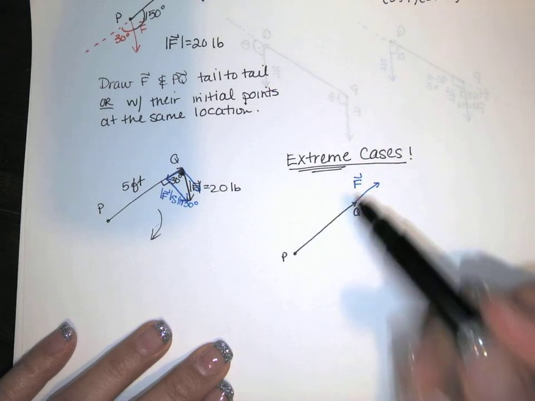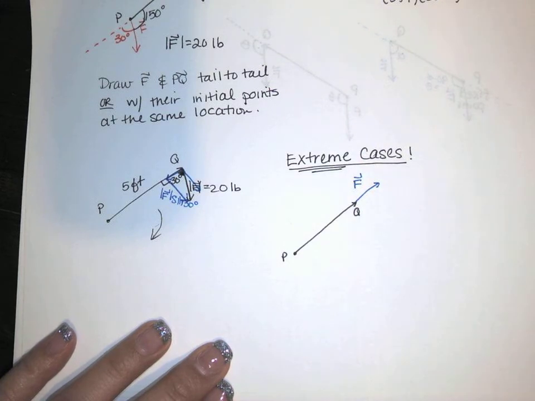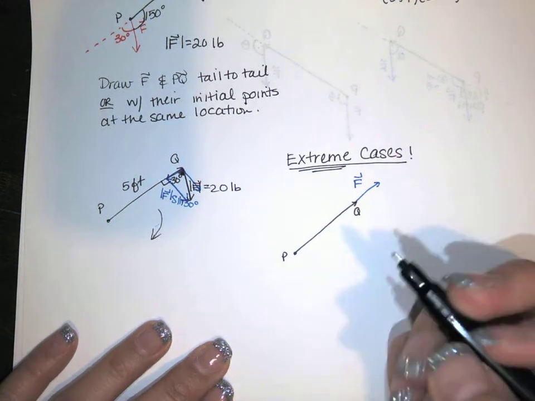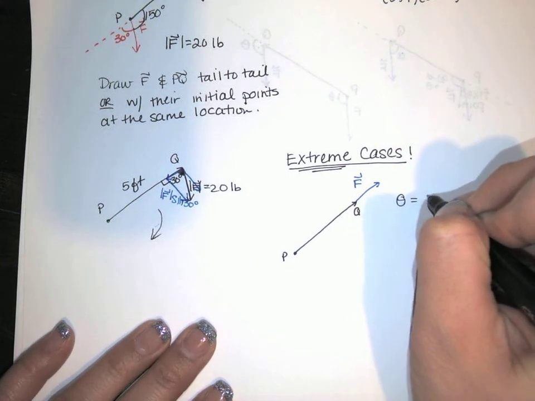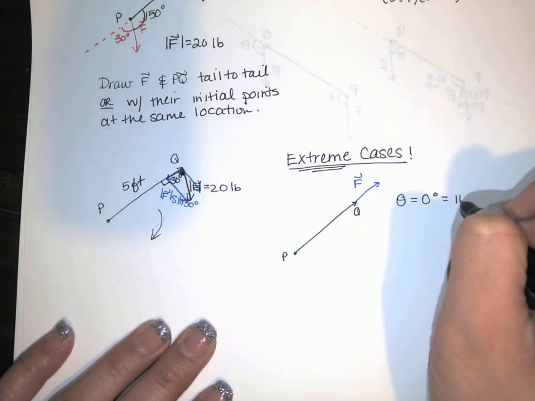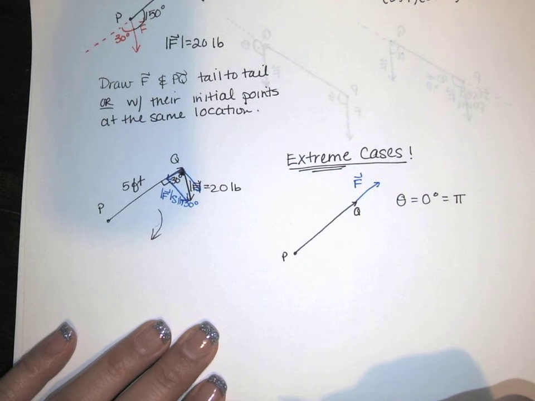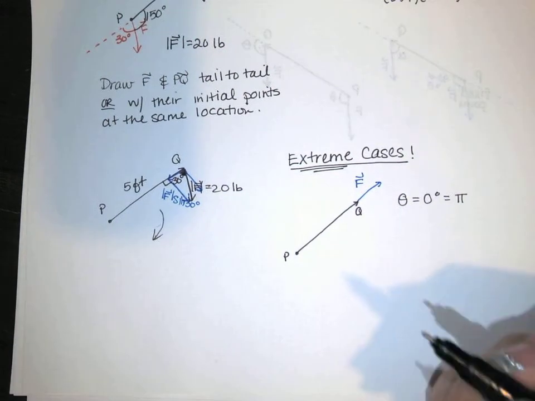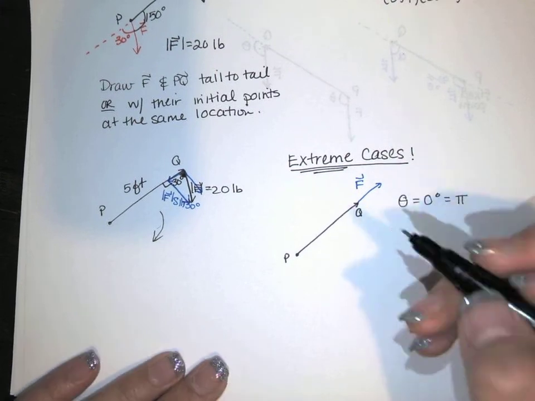Is that going to cause it to rotate at all? I hope you say no. The angle between F and PQ is 0. 0 degrees, 0 radians, however you look at it, that's fine. This is not going to rotate at all, and that makes perfect sense, and it's consistent with our formula.